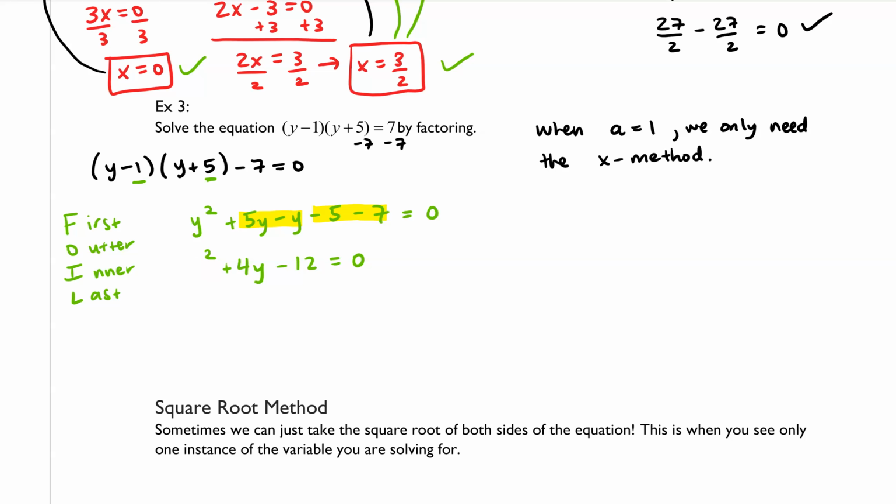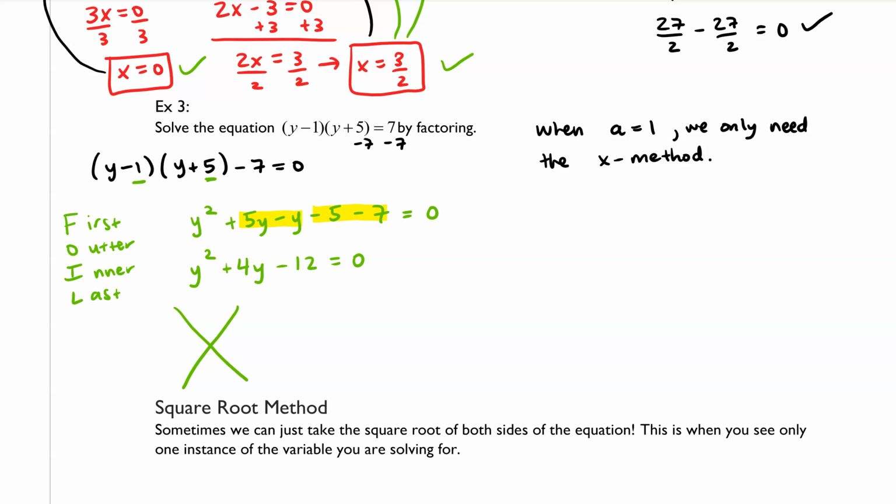So again, here we have y squared plus 4y minus 12 is equal to 0. Since the coefficient, or the number in front of y squared, and you can imagine like a 1 right here if that helps you, since our a value is 1, we only need to use the X method. And it works kind of similarly, we just don't need the box at the end.